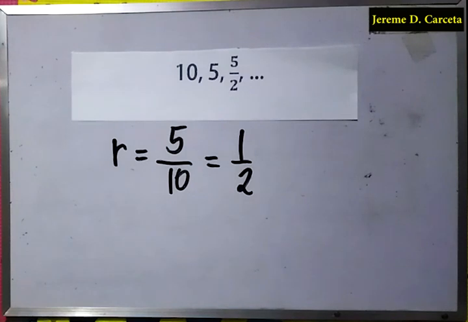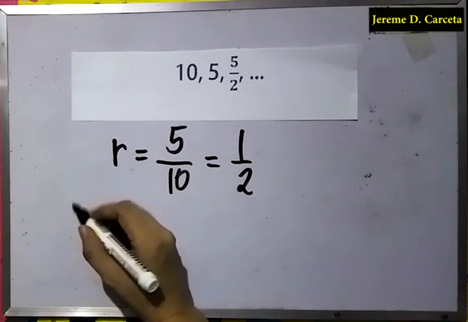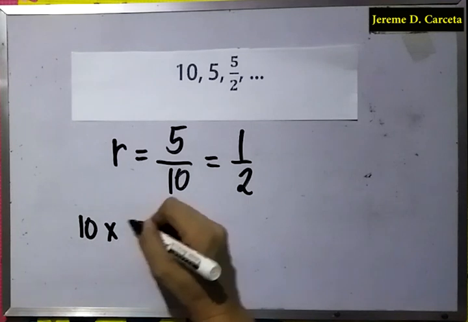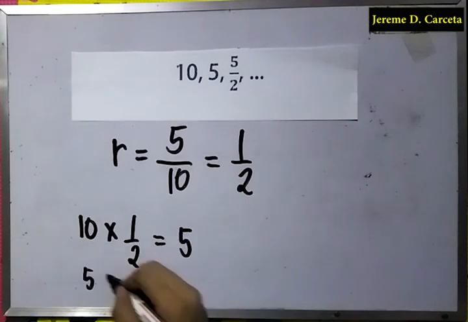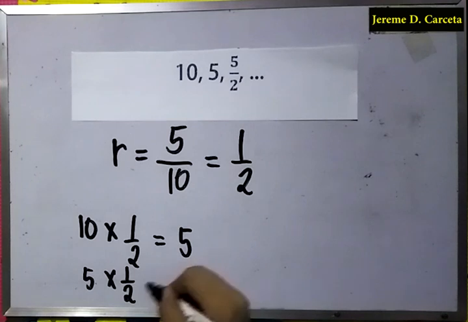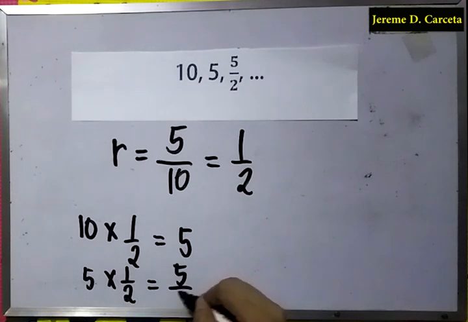To get the next terms of the given sequence, we multiply this r, 1/2, to the first term and to the other terms. Therefore, we have 10 times 1/2 is 5, and 5 times 1/2 is equal to 5 over 2.